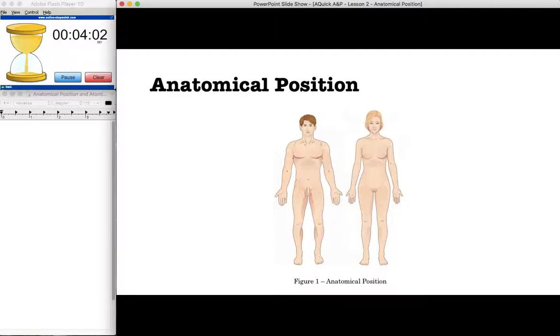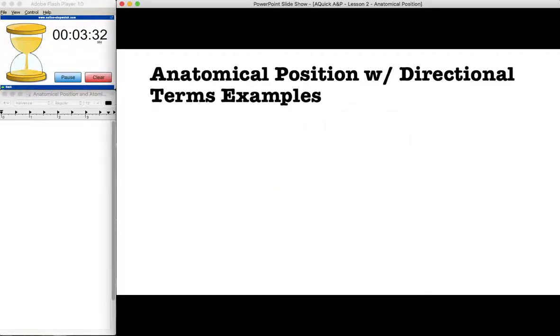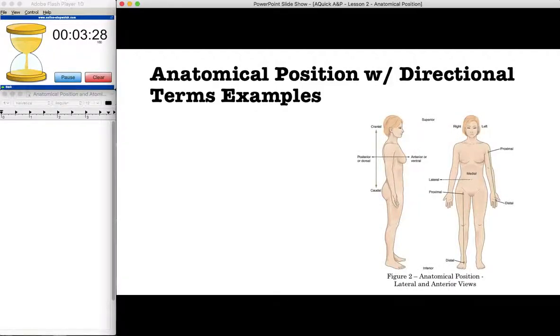The assumptions made are that you're standing erect, that the feet are flat on the floor, and that the face and palms are directed forwards, and your arms are down at your sides. So feet flat on the floor, standing erect, arms at the sides, and face and palms directed forwards. That's the general assumption. So let's use these directional terms to navigate through anatomical position.